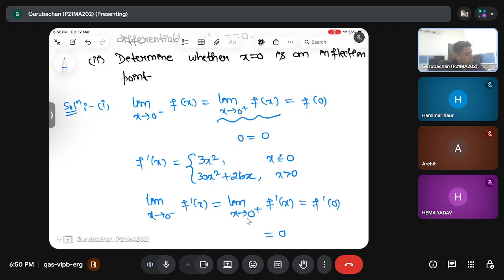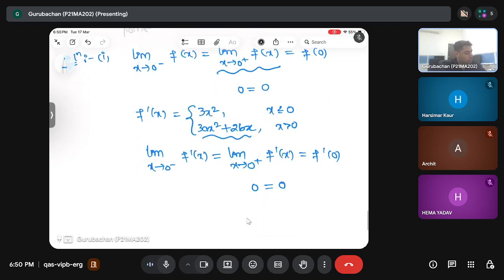Obviously f dash 0 is 0, and from here you will also get 0 because it is a multiple of x, if you take x common from here. But when you discuss the double derivative, then this will be 6x, and 6ax plus 2b.